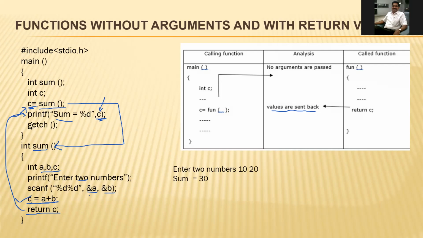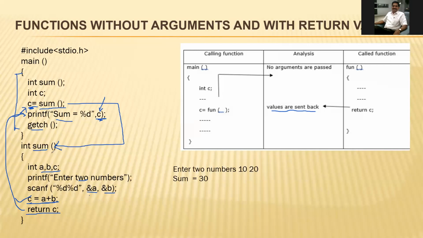Now c is displayed, and last is getch, which is a library function that waits for a keypress. So c is not calculated here, c is calculated in the sum function. The sum function is a called function. We have not given any value from the main function to the sum function.